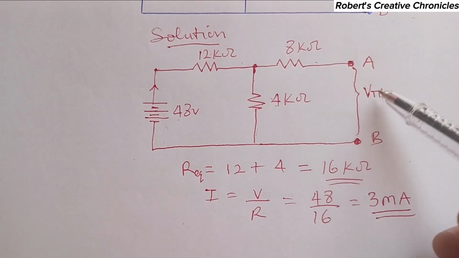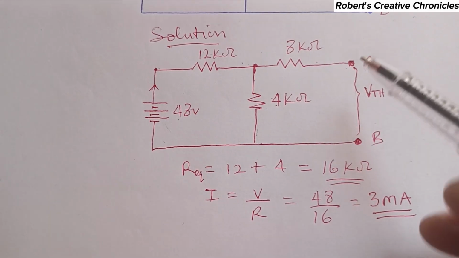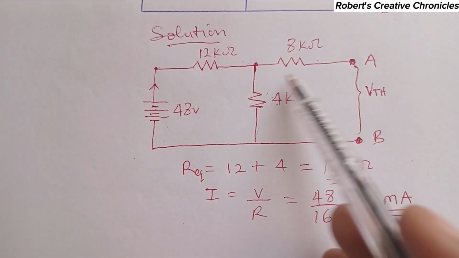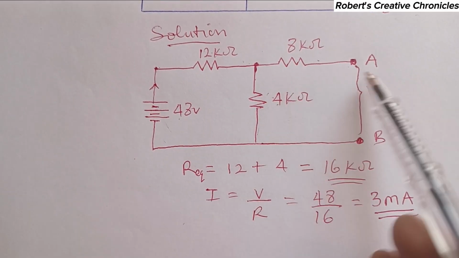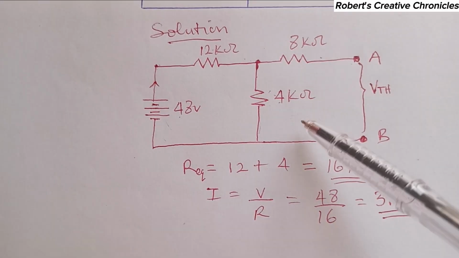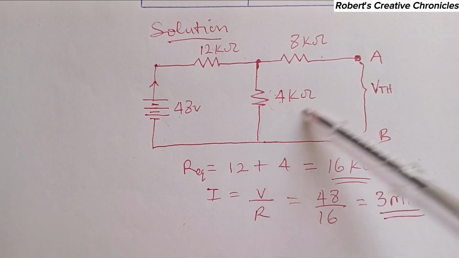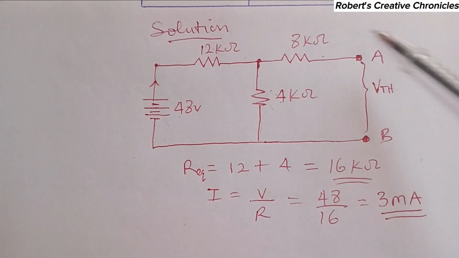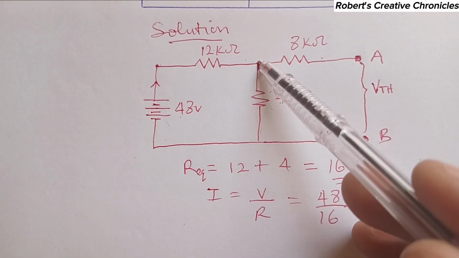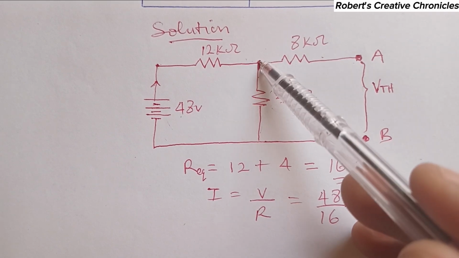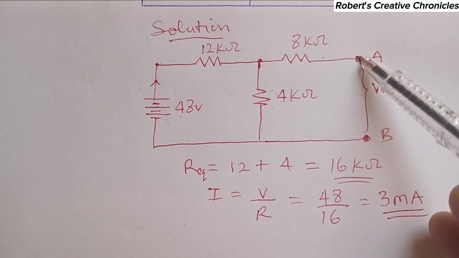Now, to find the Thevenin voltage, which is the open circuit voltage, if we find the voltage across this 4 kilo ohm resistor, we have found Thevenin. So we need to find the voltage across this resistor, which is the voltage at this point.